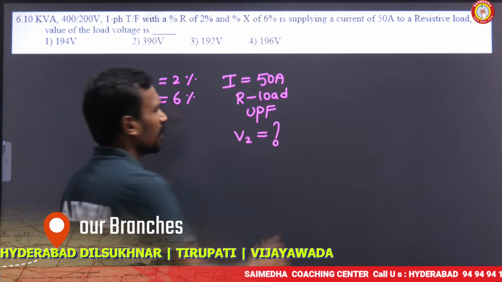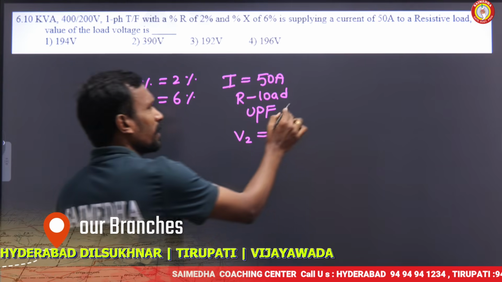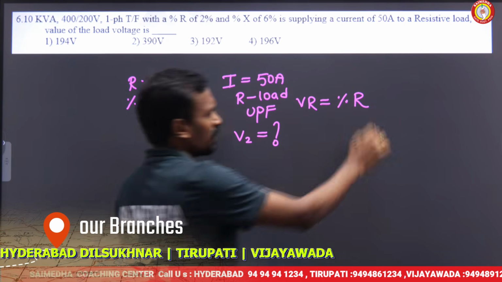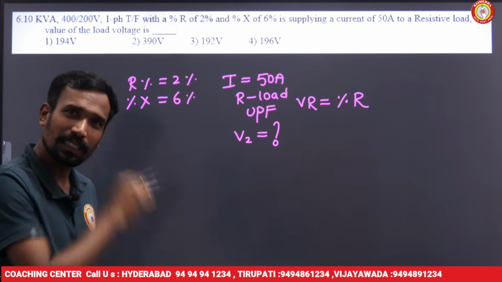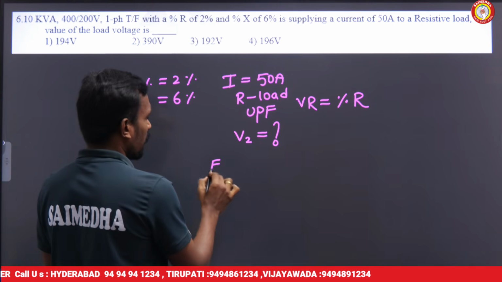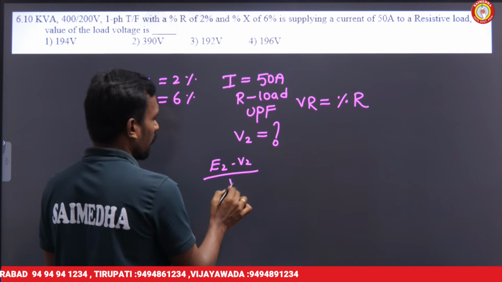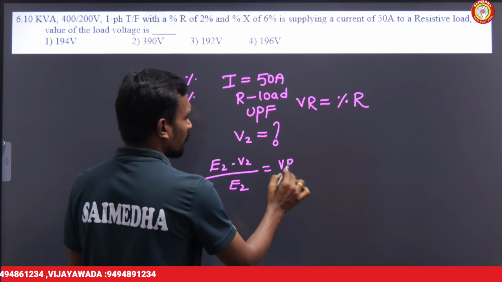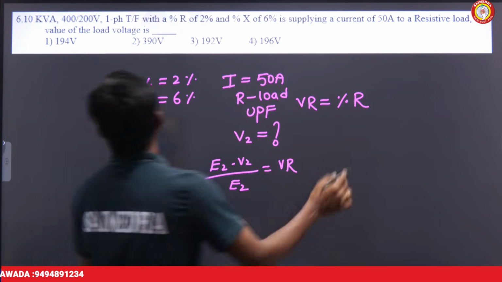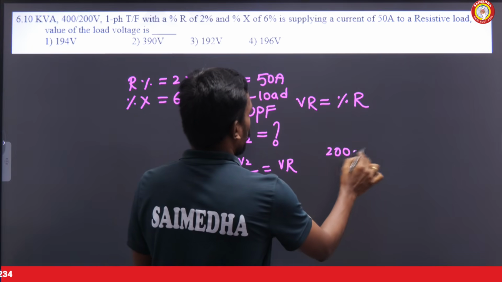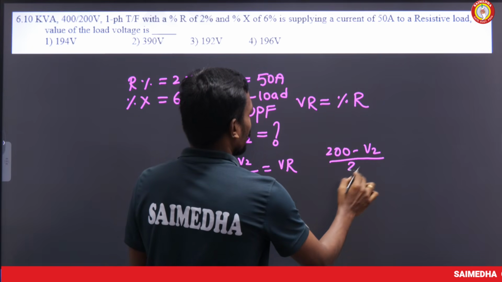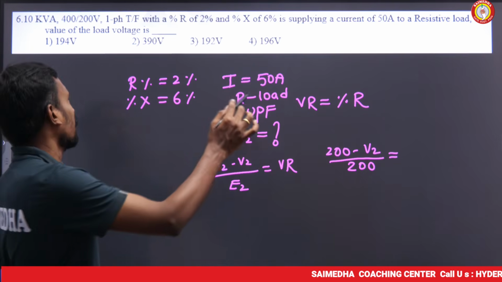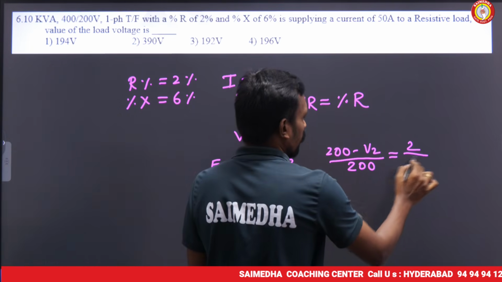Here you need to remember that at unity power factor, voltage regulation is equal to percentage resistance. (E2 minus V2) by E2 is equal to voltage regulation. E2 is the secondary voltage, minus V2 which we need to calculate, divided by E2, is equal to the percentage resistance, which is 2%.